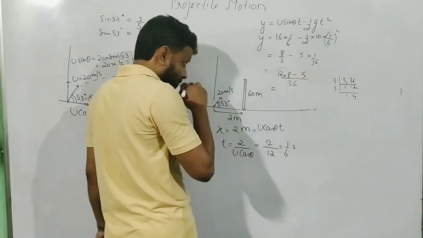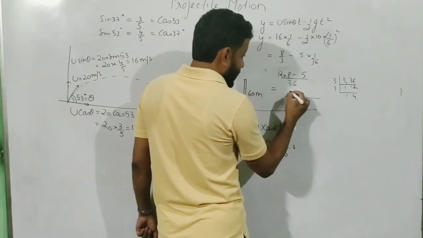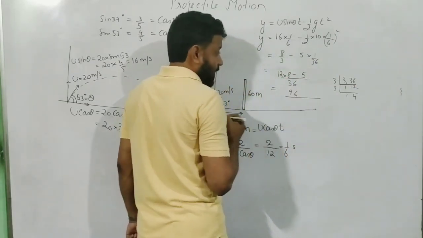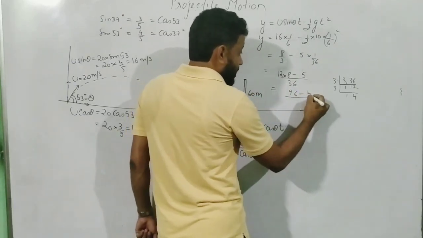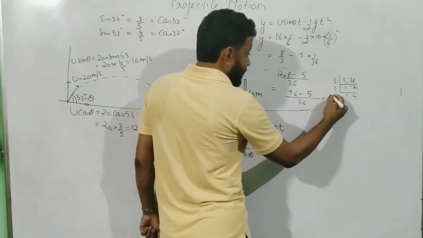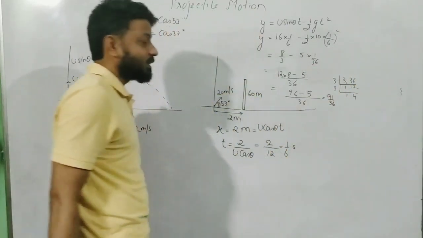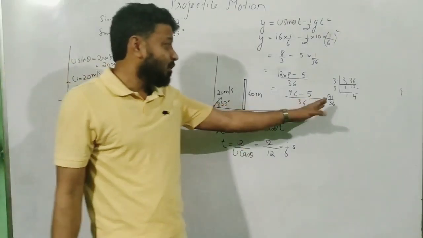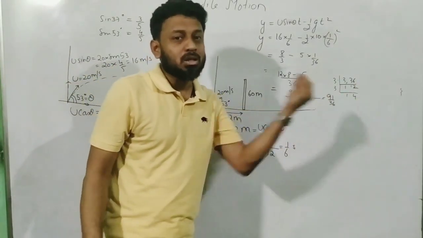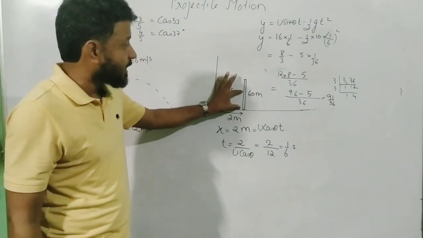That calculation gives 96 minus 5 divided by 36, and that is equal to 91 divided by 36. 91 divided by 36 is much less, near about only 3 meters. So at 2 meter it is near about 3 meter.